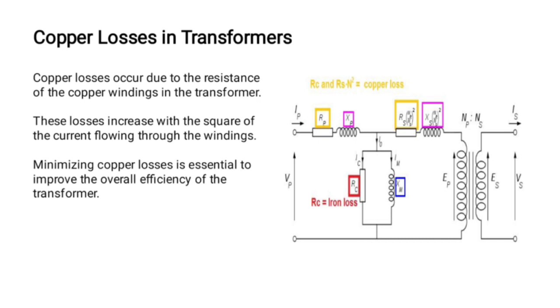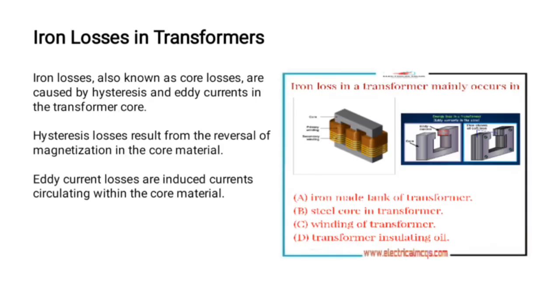Next, iron losses in transformers. Iron losses, also known as core losses, are caused by hysteresis and eddy current in the transformer core. Iron loss in a transformer is defined as the loss caused by the alternating flux in the transformer core. Due to this, iron loss is also referred to as core loss.